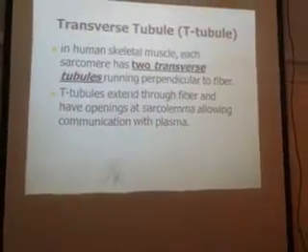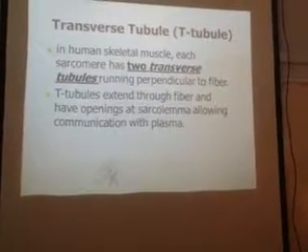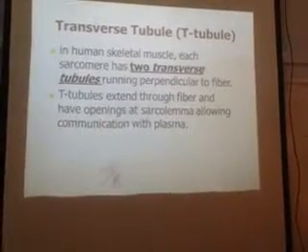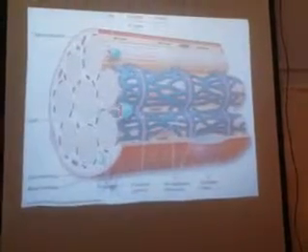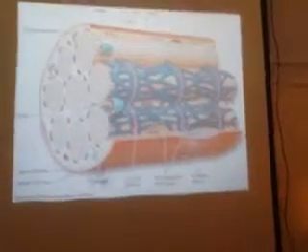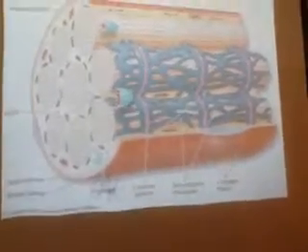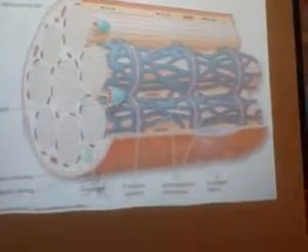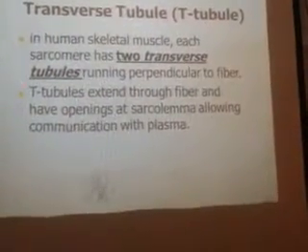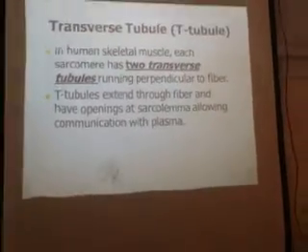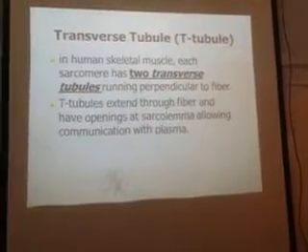This T tubule extends through the fiber and has openings at the sarcolemma, in communication with the plasma. You see the picture. They open into the sarcolemma to communicate with the plasma.